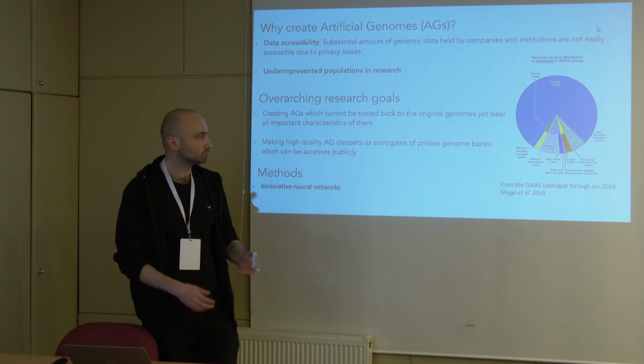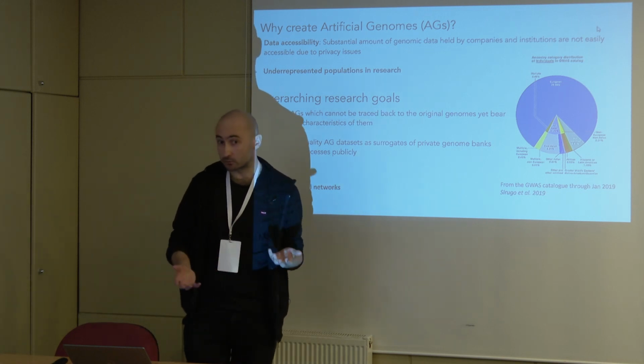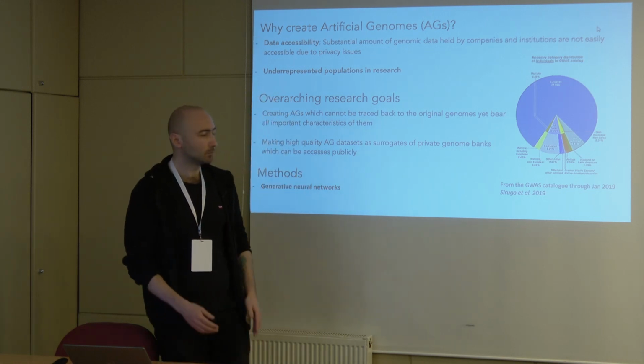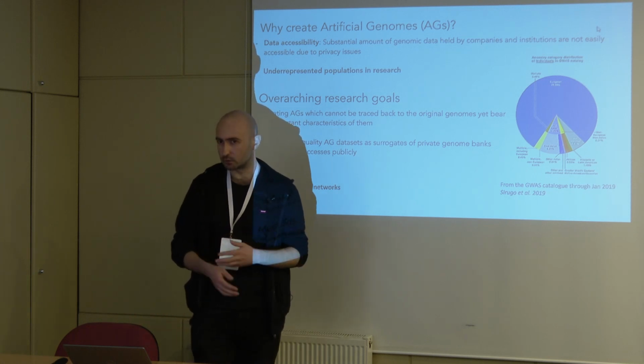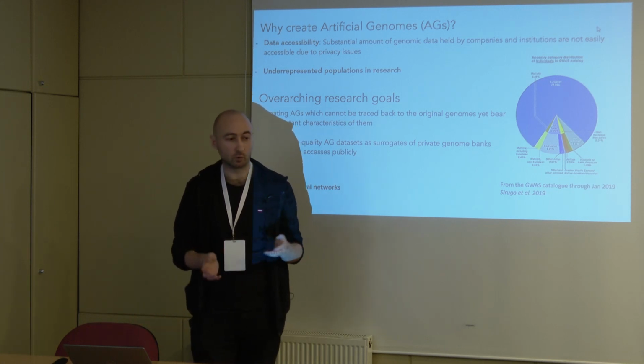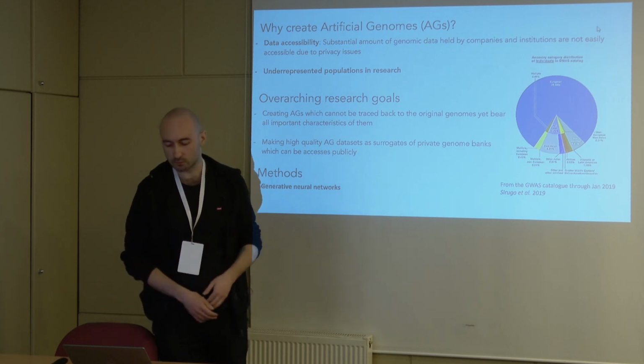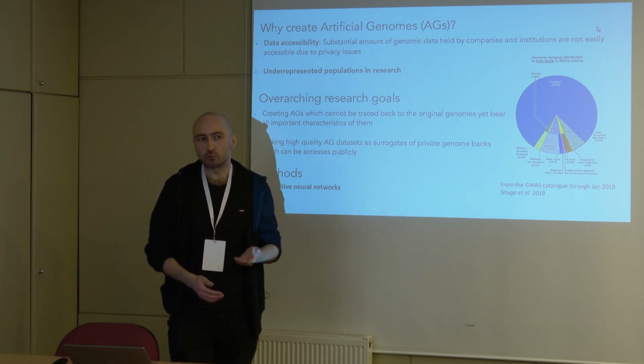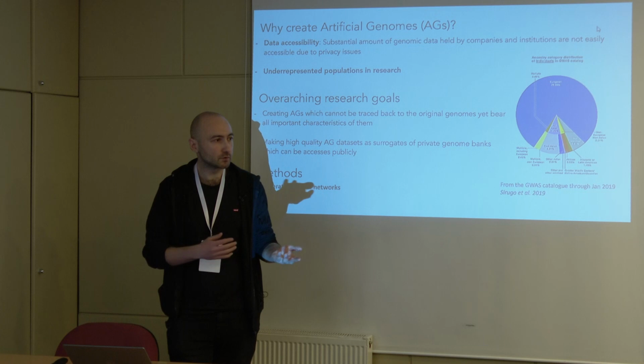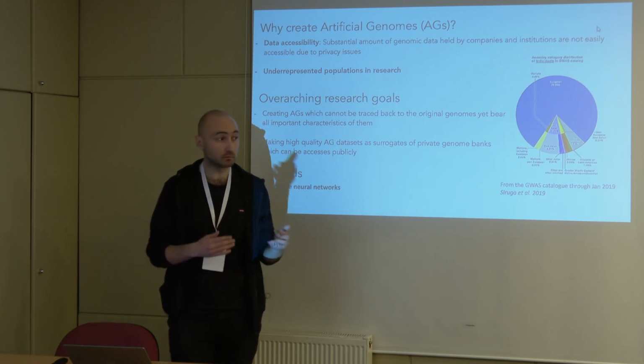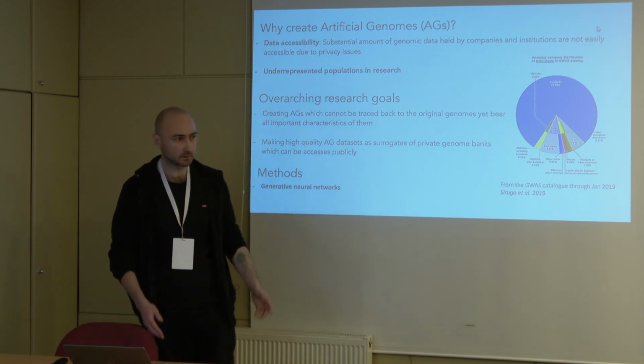Although the amount of genomic data is increasing immensely every year, there's a bit of an accessibility issue. Many of this data is held by both private institutions and public institutions. You need to either go through some application procedures, ethical clearances, maybe you need to commit to even collaborations just to test ideas.